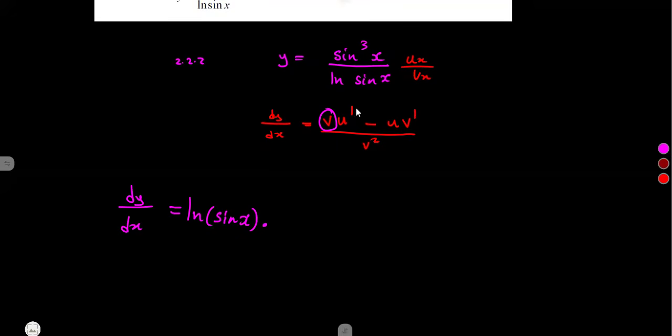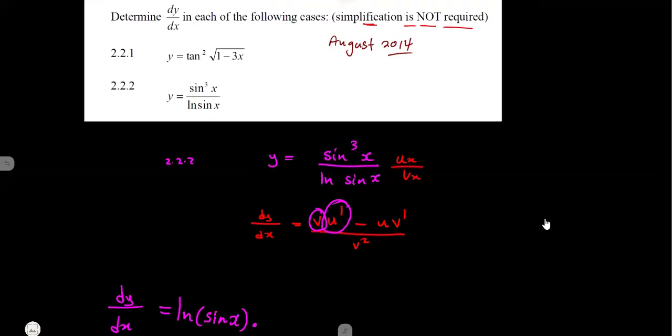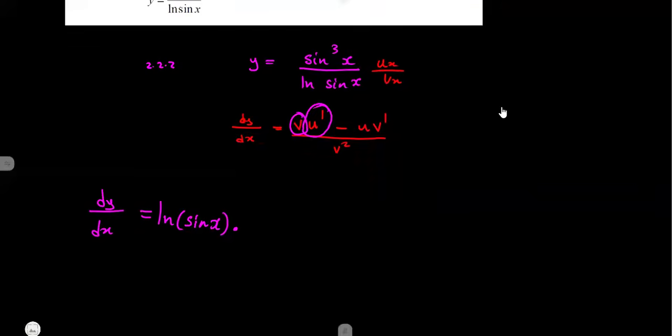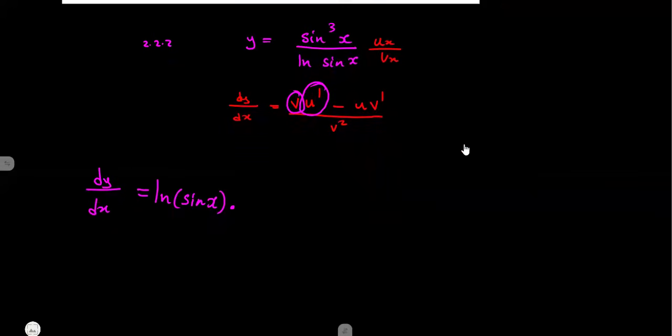Times the derivative of u. I want us to be careful now on the derivative of u. Let's look at our u. It is a certain part raised to a certain exponent, just like what we had here. So are you seeing that this is where we're going to apply that approach?